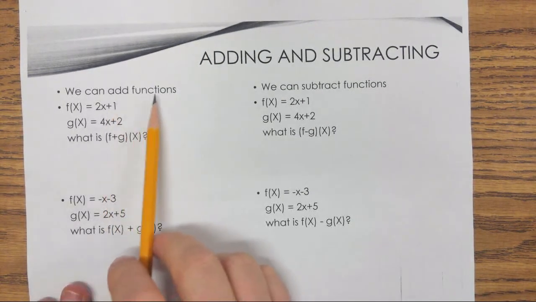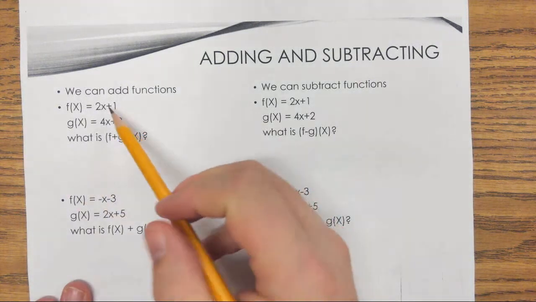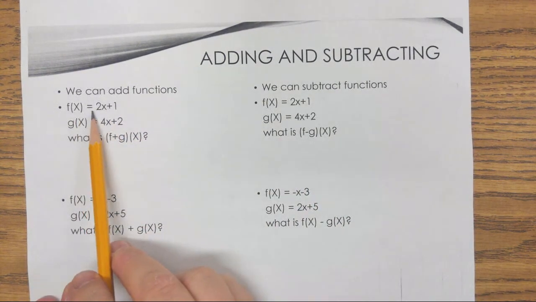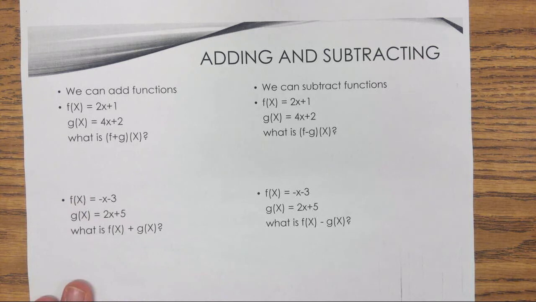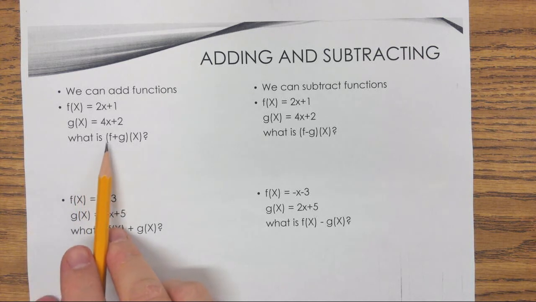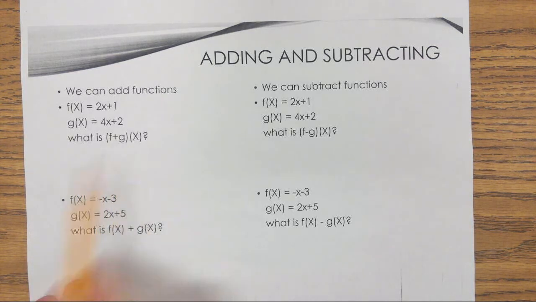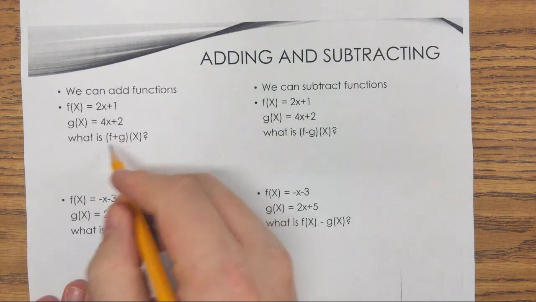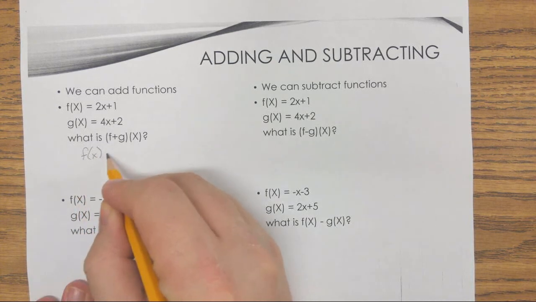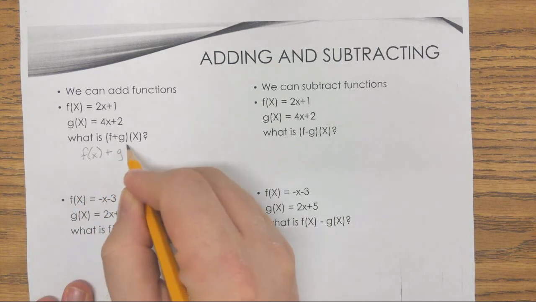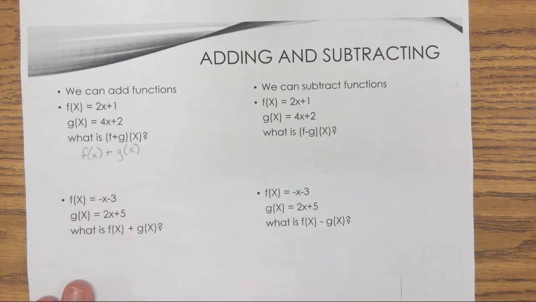We can add functions. So if I have two functions here, f of x equals 2x plus 1 and g of x equals 4x plus 2, then somebody might ask, what is f plus g of x? All I do here is take f of x and add this other function called g of x.